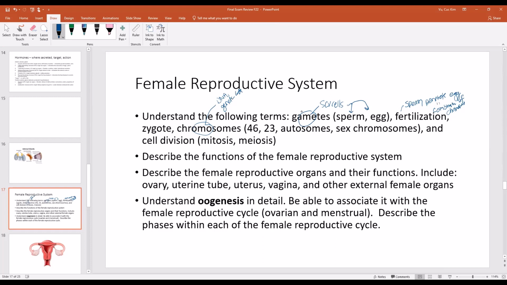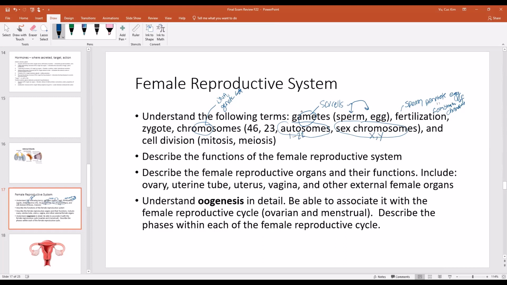You have autosomes, which are chromosomes that have identical copies: chromosome 1, chromosome 1, chromosome 2, chromosome 2. Then you have sex chromosomes, which are not necessarily identical, but they code for gender. You have the X and the Y, whereas here you have chromosomes 1 through 22.